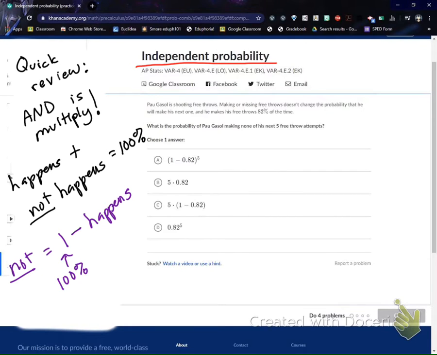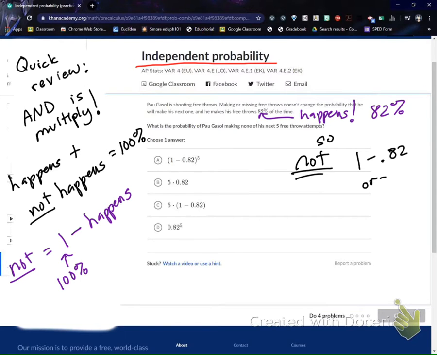So that means that the chance of something happening, the chance that he makes this free throw, happens 82% of the time. So that means that the chance that he does not make it is going to be 1 minus 0.82. So I've changed this to decimal form.